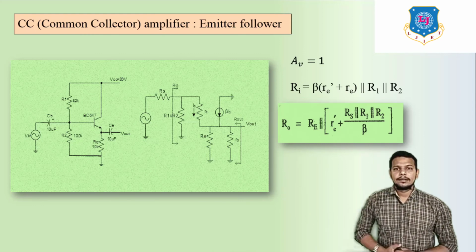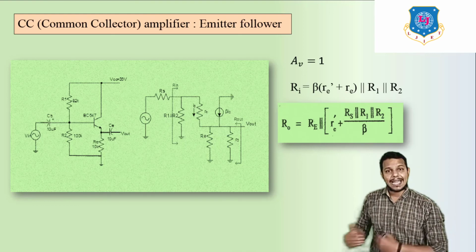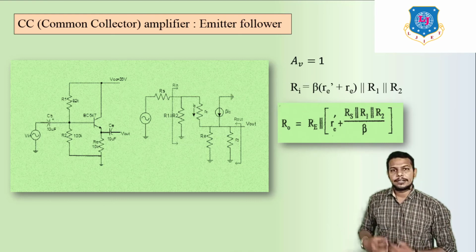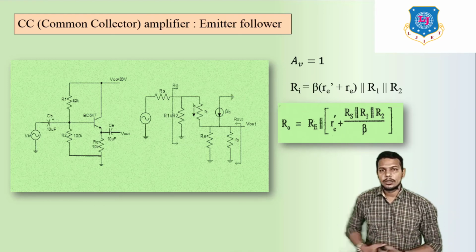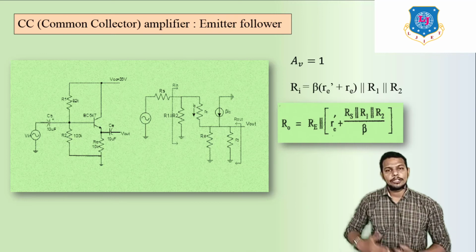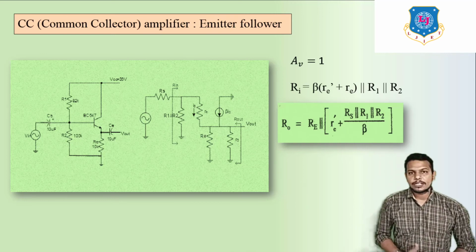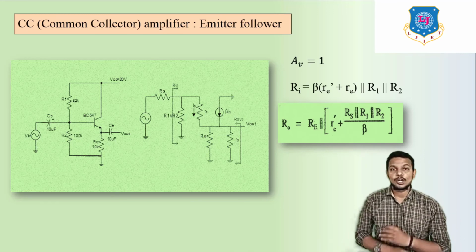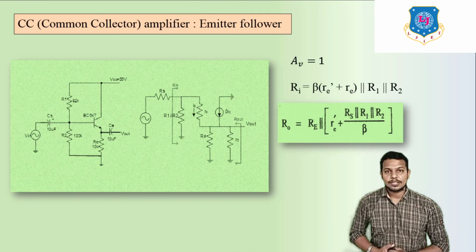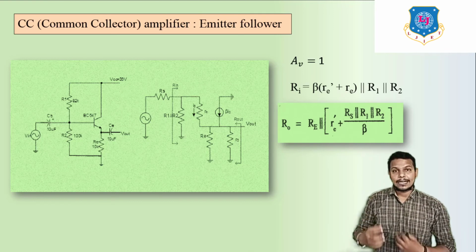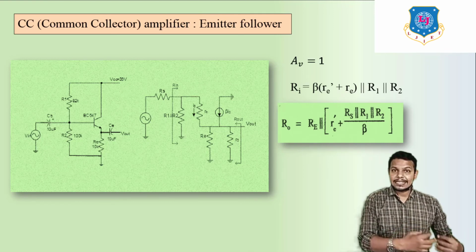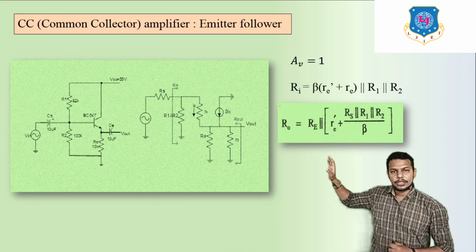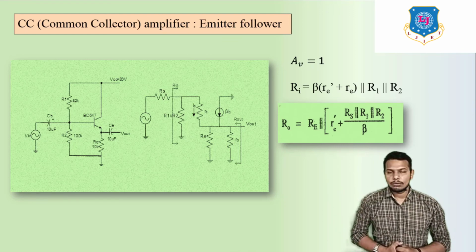So this is the CC amplifier, or emitter follower, and it gives us different characteristic values. Here AV, the voltage gain, is equal to 1. Obviously, since it is an emitter follower, it follows the input signal, meaning there is no gain at the output side. Its gain is less than 1, or close to 1, so we say AV is equal to 1.